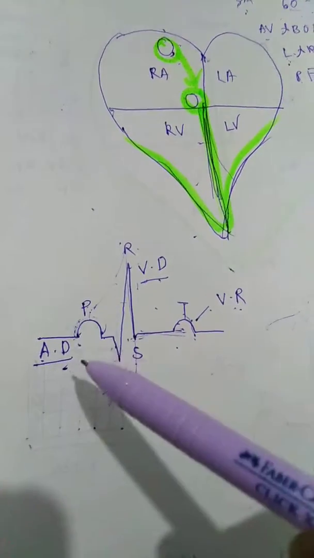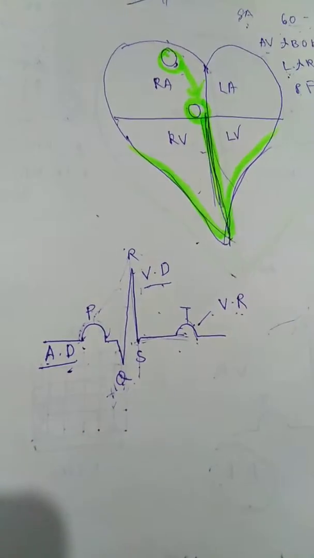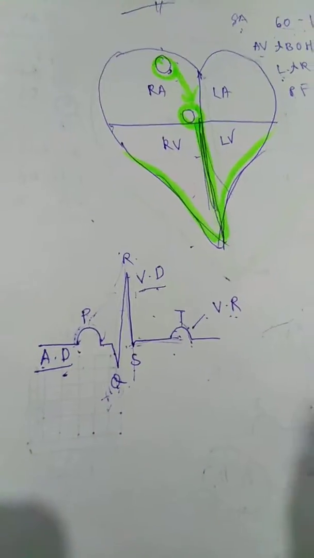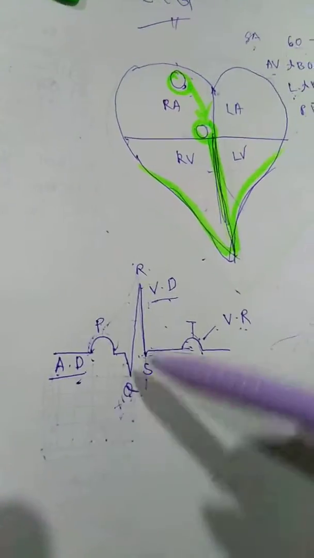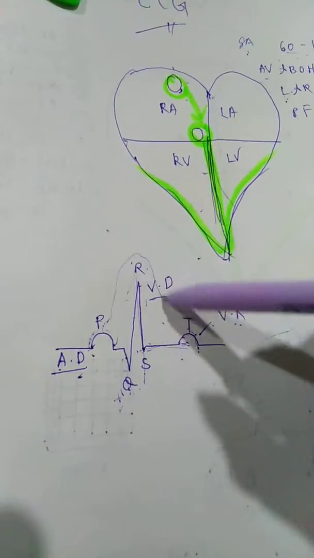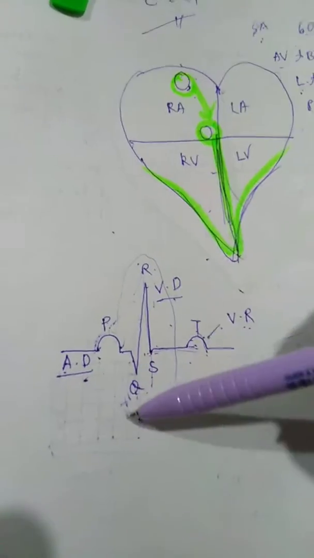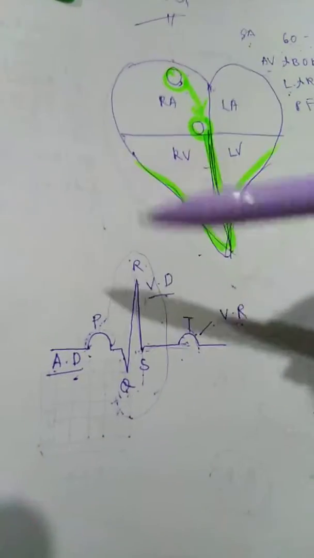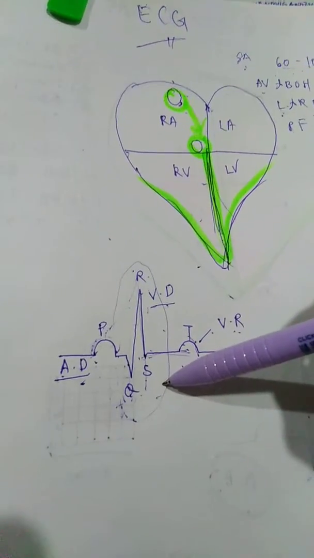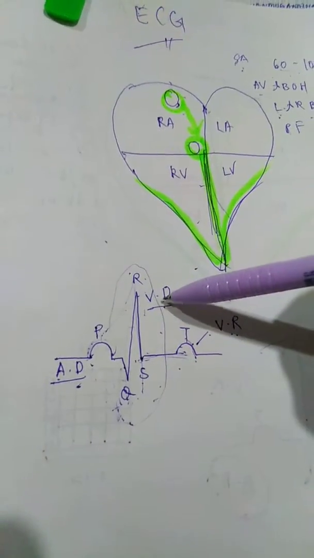Literally, if you go to find the wave which depicts your atrial repolarization, you would actually find it in this QRS complex. Yes, the QRS complex, which is basically the ventricles as they contract.